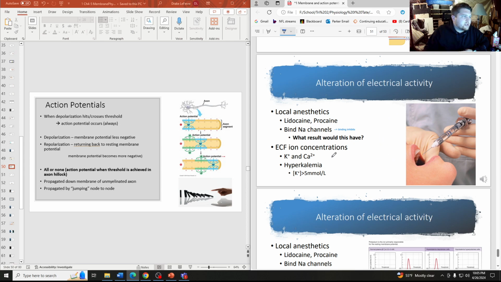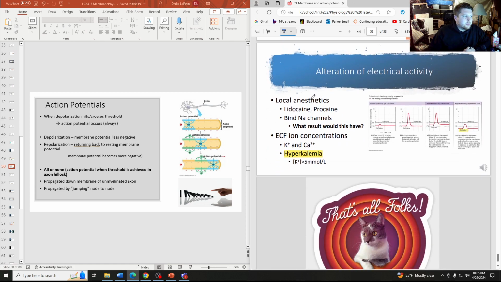Some alterations: local anesthetics, lidocaine and procaine, for example, bind to the sodium channels. If they're bound to the sodium channels, then the sodium channels can't open. If those sodium channels aren't able to open, then we're not going to get a pain signal or any signals going to the brain.